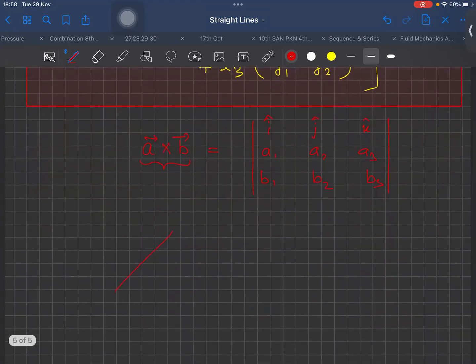Like if this is your A vector and this is your B vector, okay, and this is the angle, of course, from A to B, theta. So you will get a vector which is perpendicular to this vector. Okay, this is A cross B vector, whose magnitude will be equal to the area of this parallelogram. Okay, so this again is your B vector, this is your A vector.